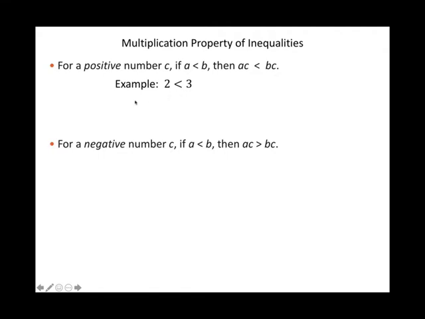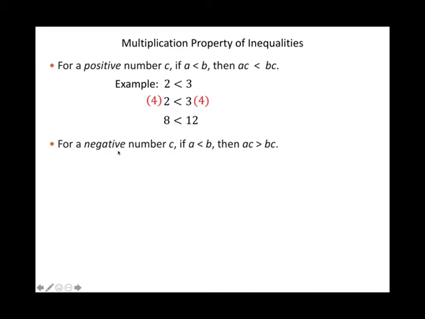If I multiply both sides by 4, 4 times 2 is 8, and 8 is less than 3 times 4, which is 12. After multiplying by a positive number, we still get a true statement.